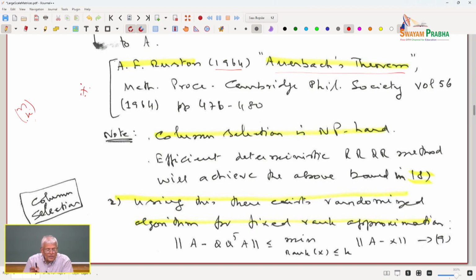There is no efficient algorithm known for this except for exhaustive enumeration. So, in other words, if n is 5 and k is 3, I have to pick different subsets of 3 columns.